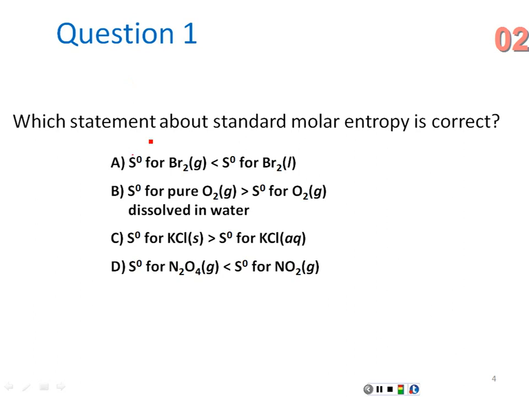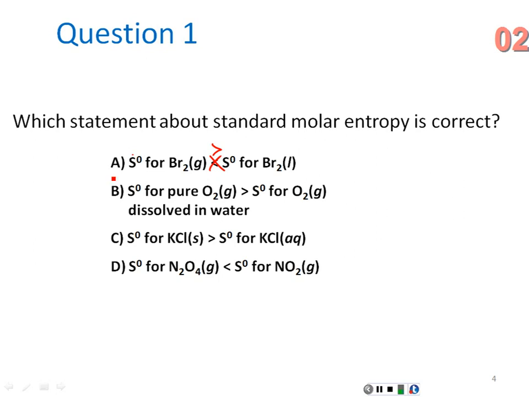Part A, the entropy for bromine gas is less than the standard molar entropy for bromine liquid. Well, this is incorrect. If you remember from last time, gases have more entropy than liquids, so A is incorrect. B, the entropy for pure oxygen is greater than the entropy for oxygen dissolved in water.